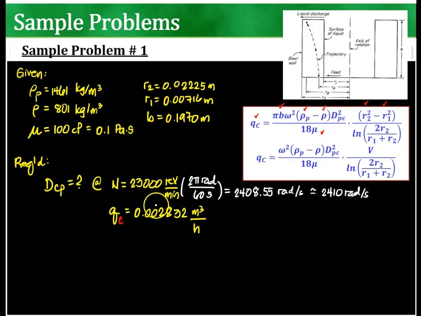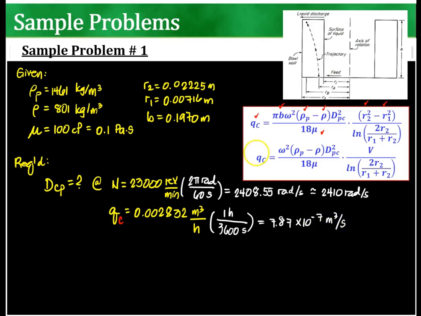And then this one, it has to be in terms of seconds. So 1 hour is 3,600 seconds, 7.87 times 10 to the negative 7 cubic meters per second.